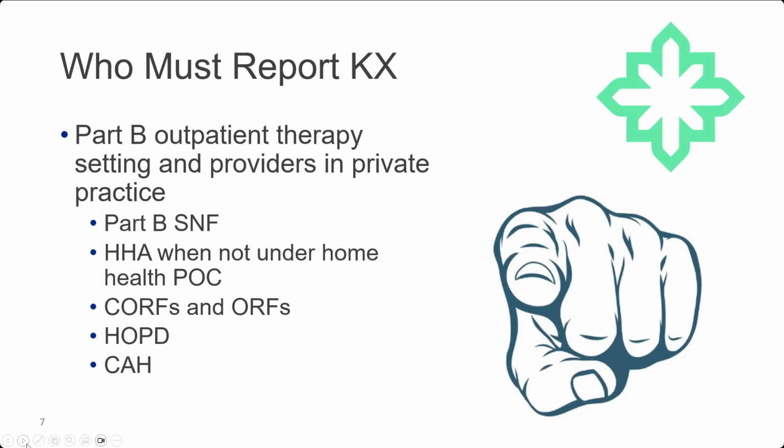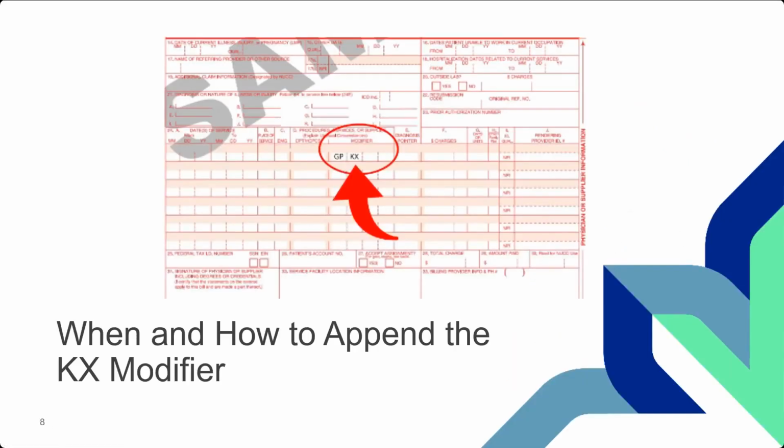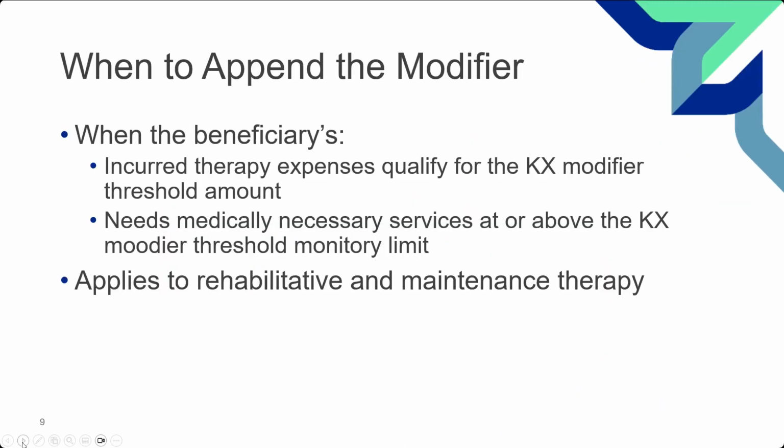So let's move on and talk about when and how to append that KX modifier. We've covered this in the amounts area, but when the beneficiary's incurred therapy expenses reach that lower threshold amount, you need to start reporting the KX modifier.